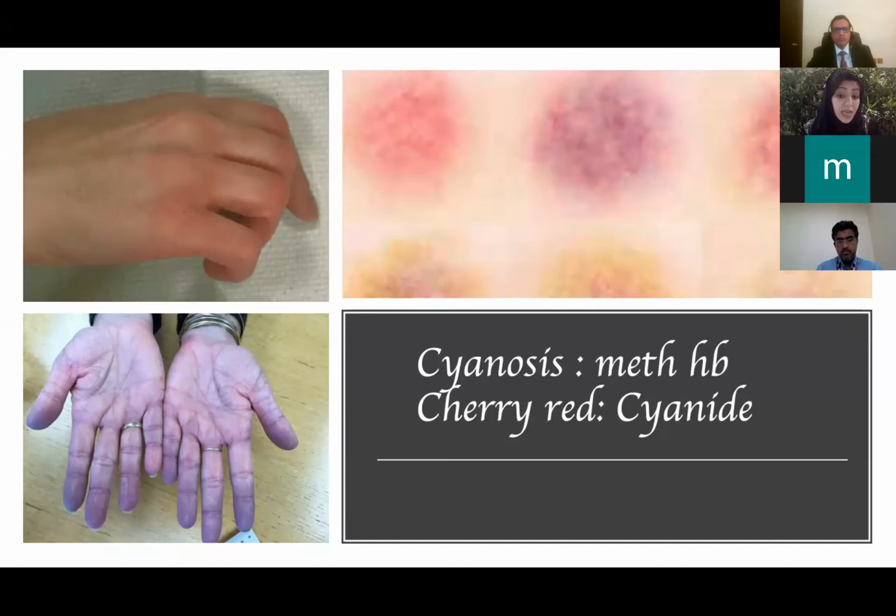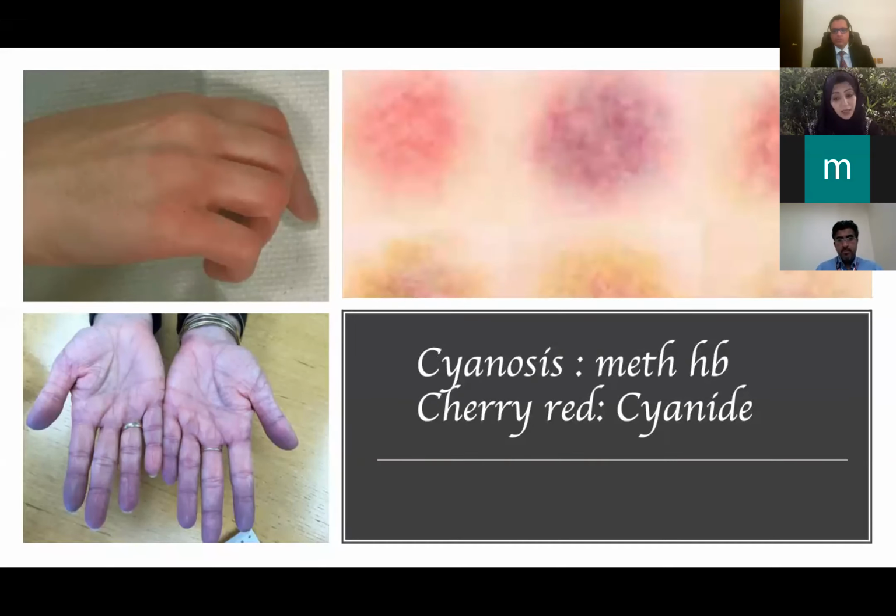If the heme in the hemoglobin bonds to the cyanide, it changes its color to a bright cherry color, and you don't get the oxygen saturation that you want.